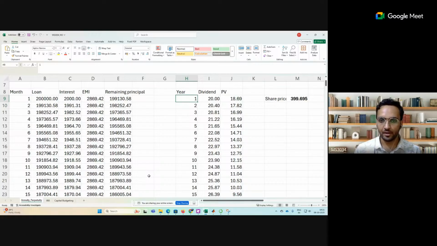For example, if the company only exists for 50 years, or 100 years, what will be the share price? In that case it will not be exactly equal to the perpetuity. It becomes an annuity, because we are constraining the number of periods in our calculation.